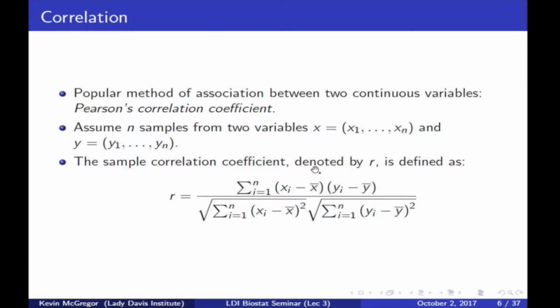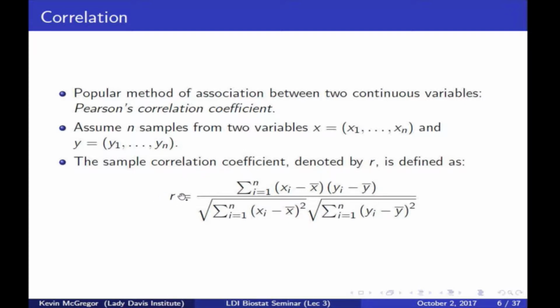And the reason we do this is it turns out that if x tends to increase when y increases, then you're going to end up with a positive quantity on the numerator. And if there's an inverse relationship between the two variables, if when x increases, y tends to decrease, then you're going to get a negative value on the numerator.